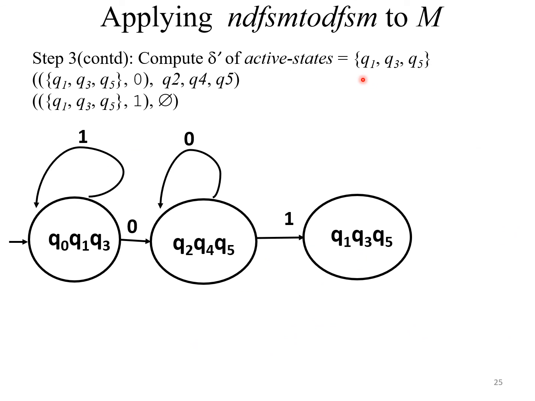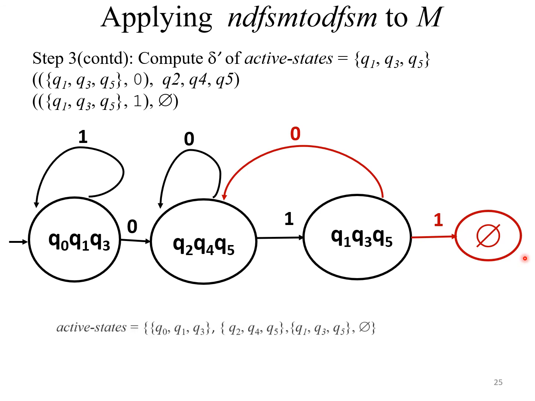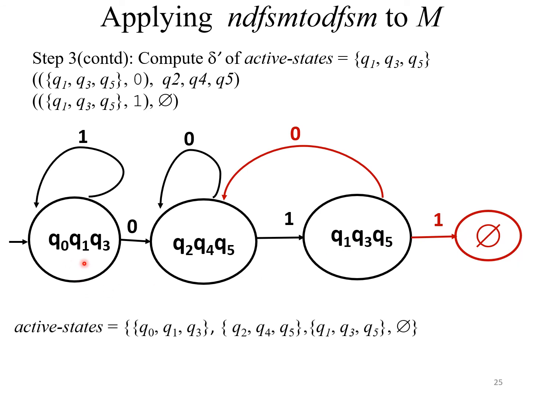So after computing the delta transitions for q1, q3, q5, on 0 it is going to q2, q4, q5, and for 1 it is going to a null state. So the active states are q0, q1, q3, q2, q4, q5, q1, q3, q5, and null.